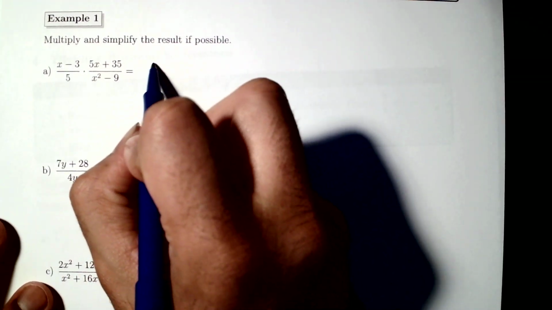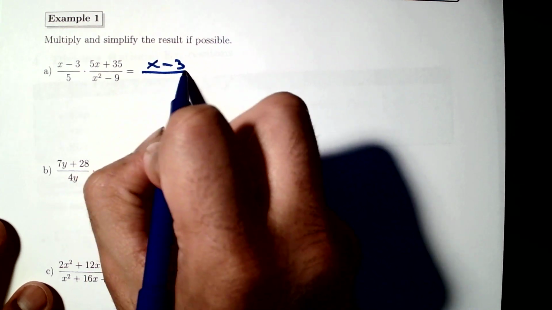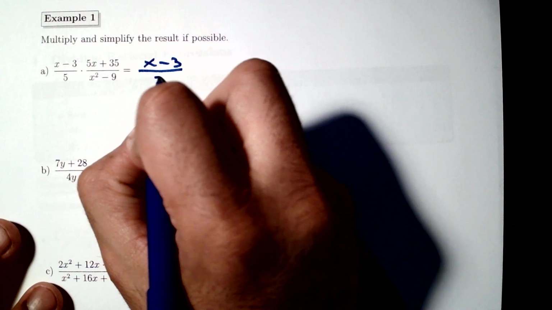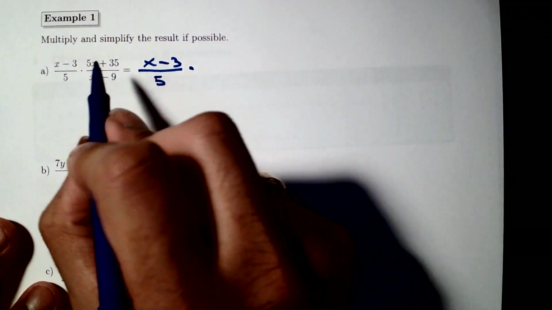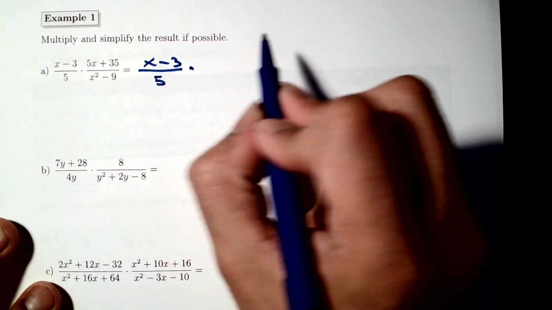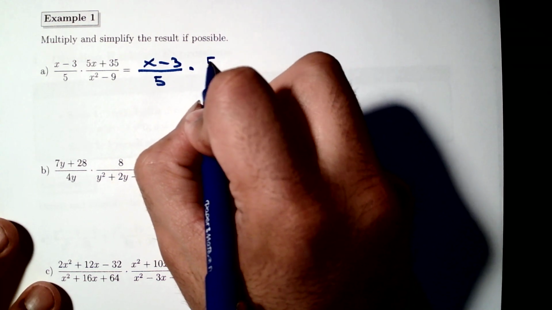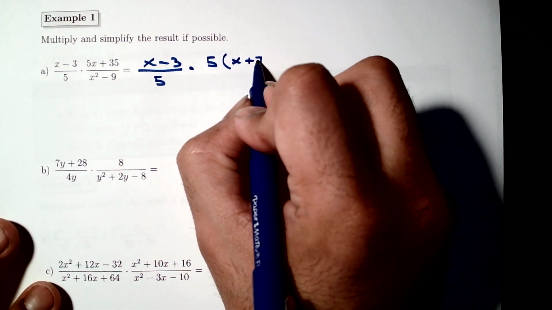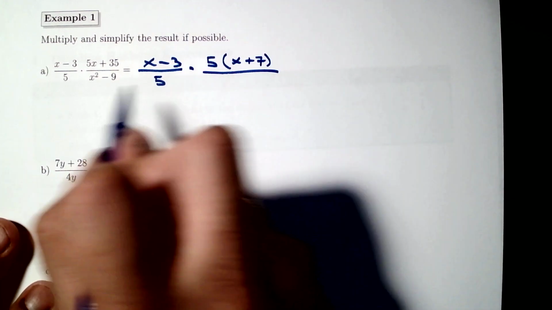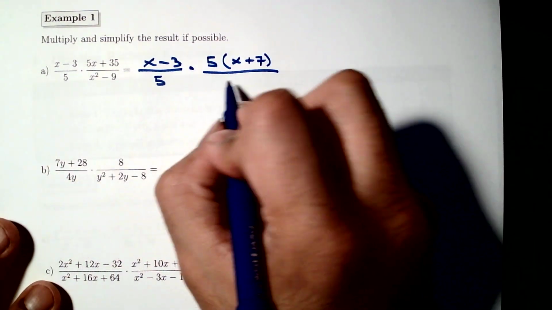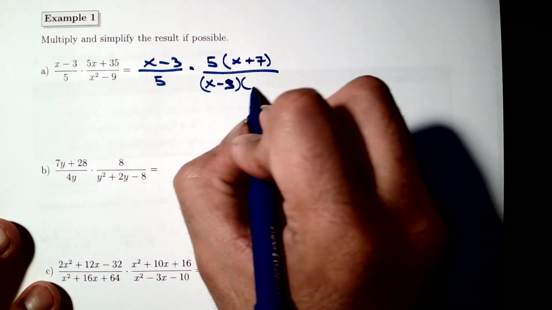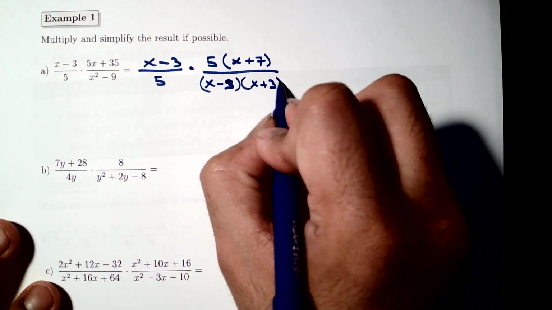Well, x minus 3 is simply x minus 3 and cannot be factored into simplest terms. The number 5 is simply the number 5, but in this case 5x plus 35, that we can factor out the 5. And in the denominator, x squared minus 9, that's another difference of squares, x minus 3, and x plus 3.